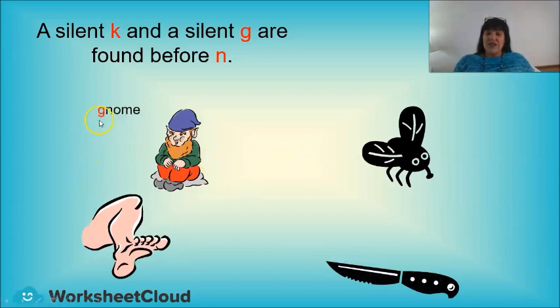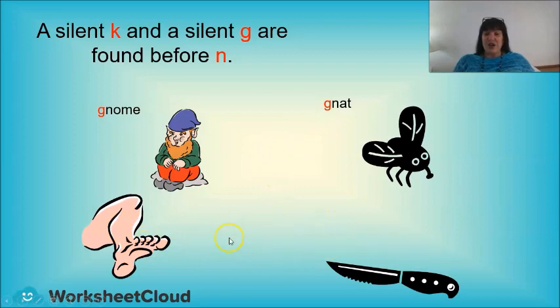Gnome. See, it's got a G in front of the N. And when we say the word gnome, it doesn't sound like it's got a G. When we say the word gnat, it's got a silent G in front of it. A gnat is like a type of fly. And it just sounds like gnat, but it's got a silent G in front of it.